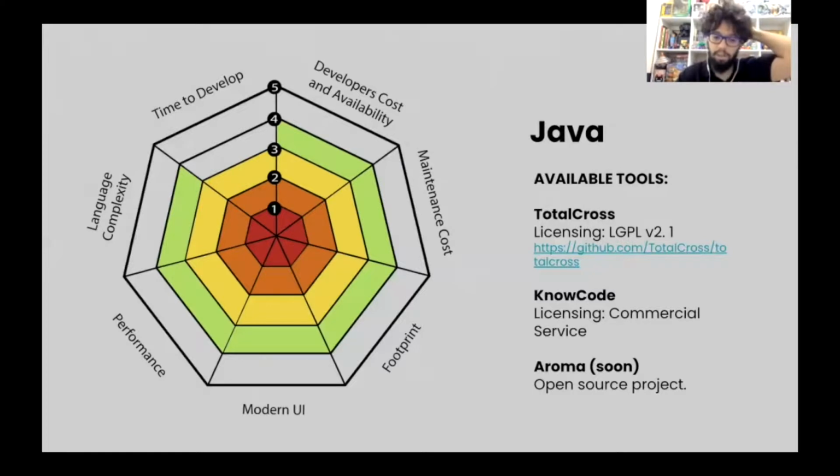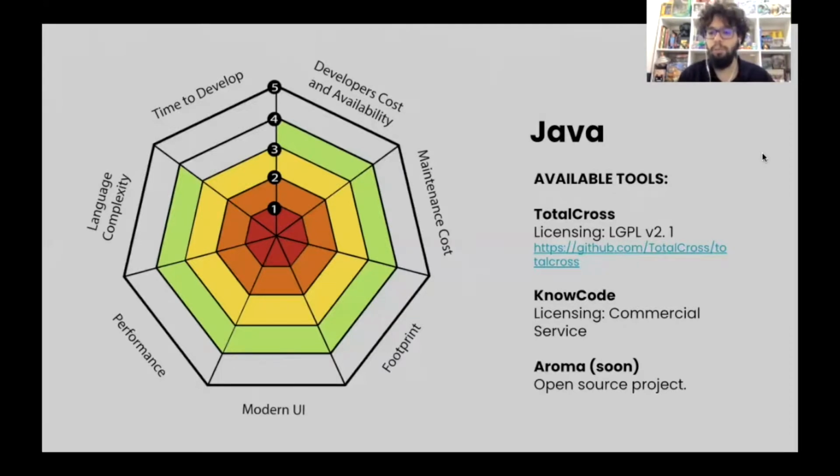It is also a lot easier to come up with a modern UI, once again considering we are using Totocross, which has its own API. I'm not considering here stuff like AWT or Swing. And it also comes with really great performance and a smaller footprint. Also with Totocross, you can use no code, which allows you to write Totocross GUIs using Android XML.